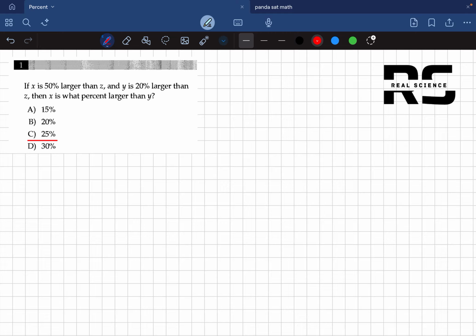If x is 50% more than z, then if z is equal to 100, then x is equal to 150 because x is 50% more than z. Y is 20% larger than z, then y is 120.